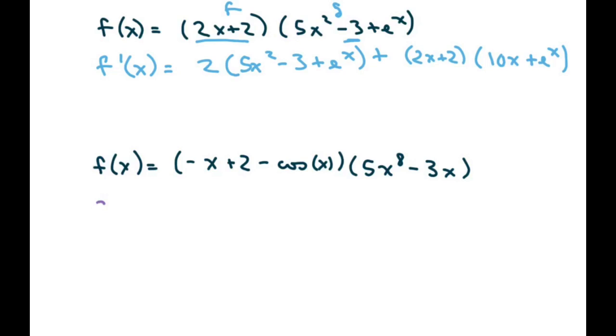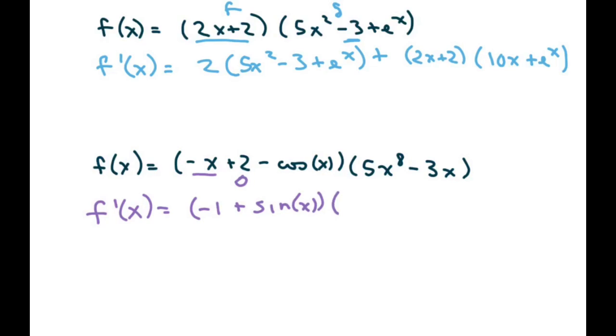Okay, the next one, we have the derivative of f. So we take the derivative of the first piece. The derivative of that is just negative 1. That's going to be 0. And derivative of cosine is negative sine, so that's going to be positive sine of x.